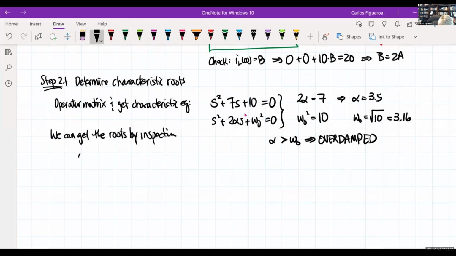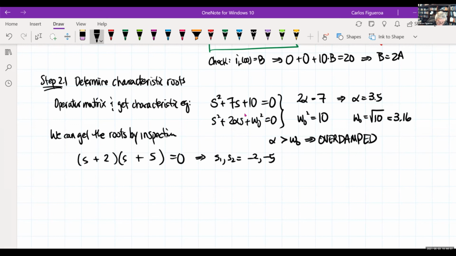Because I can write S, that's got to be 2 and 5. Shoot, I wouldn't have done that, but now that I did it, this tells us that S1 and S2 must be -2 and -5. We know what those roots are.